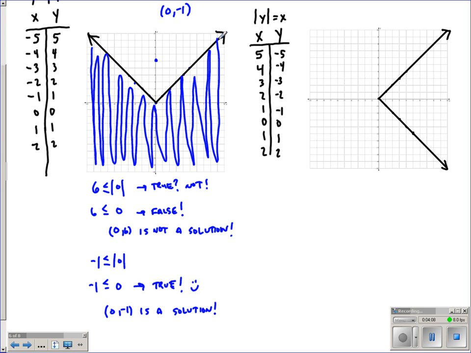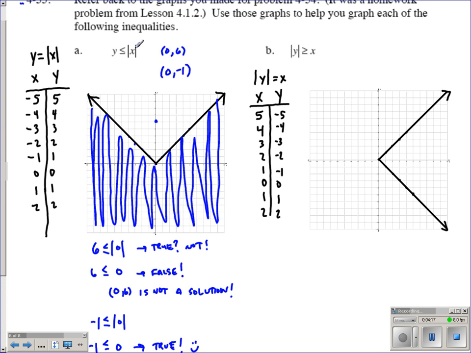Make sure you don't cross your line. I almost did there. If I chose any of these points underneath here and plugged them into the inequality I was given, y is less than or equal to the absolute value of x, then this will be a representation of every one of the points that will make it true. All of the points over here do not work. In fact, let me erase this one because that does not work there.